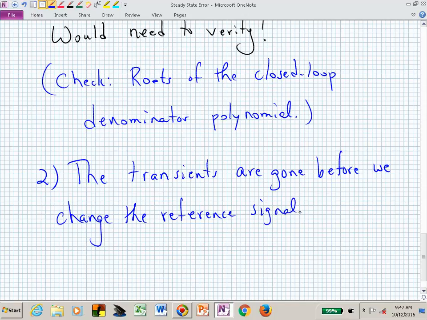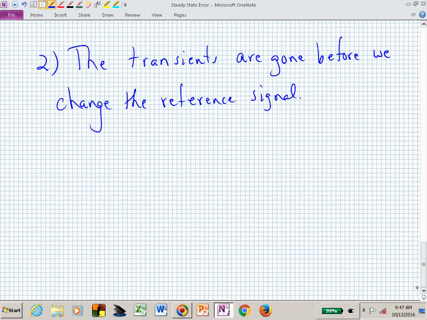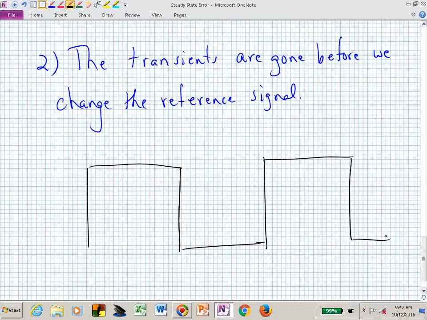Now, what do I mean by that? Suppose that I now have a reference signal that looks like that. Here's my reference signal.